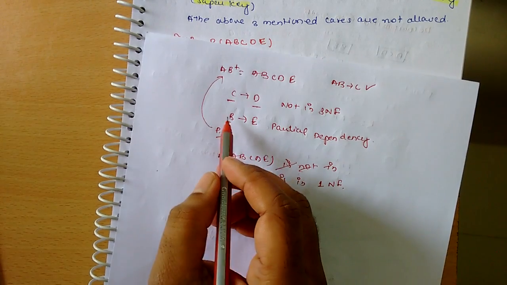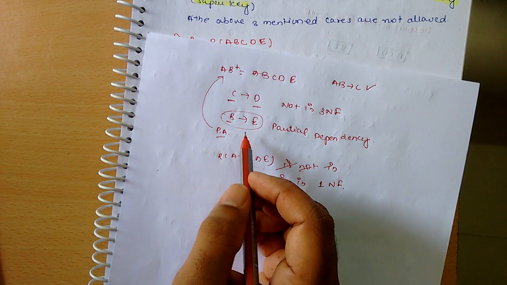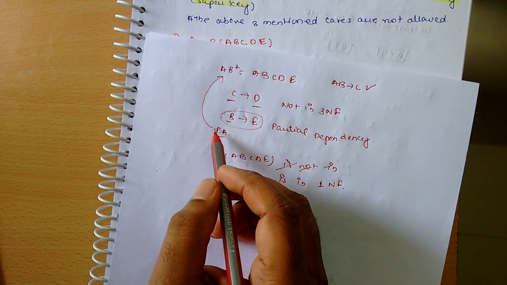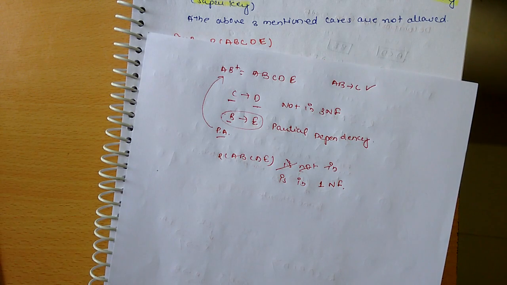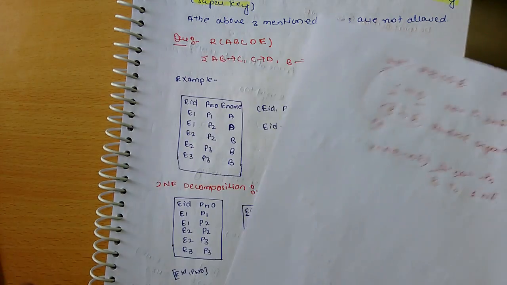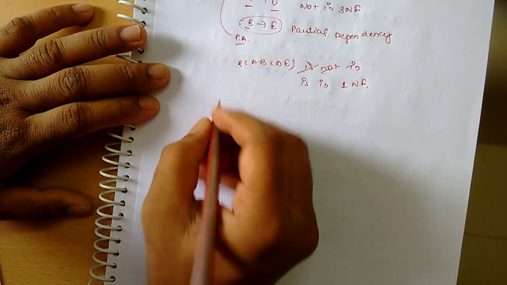This violates the condition of being in second NF, and when a relation is not in second NF, then it cannot be in third NF, BCNF or fourth NF. So now we have to decompose this relation so that it can become second normal form.